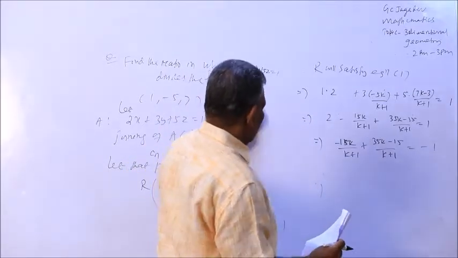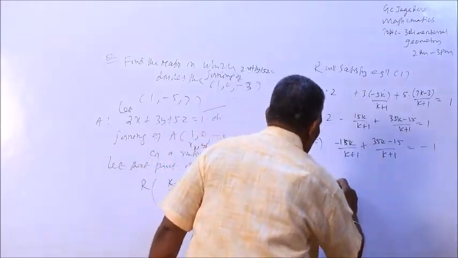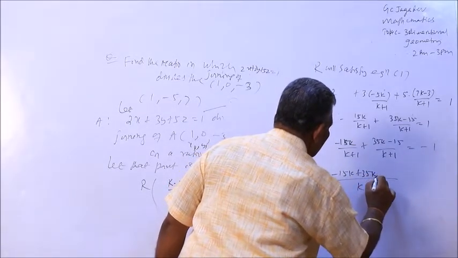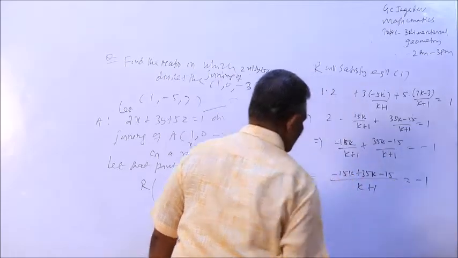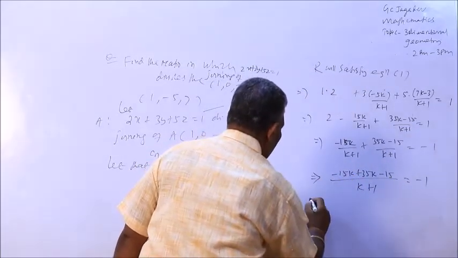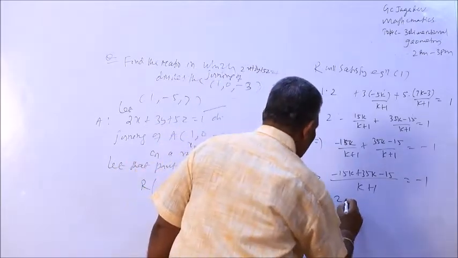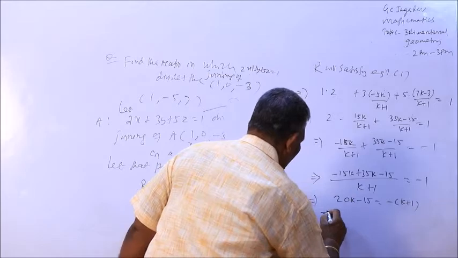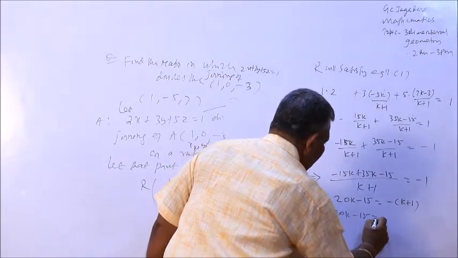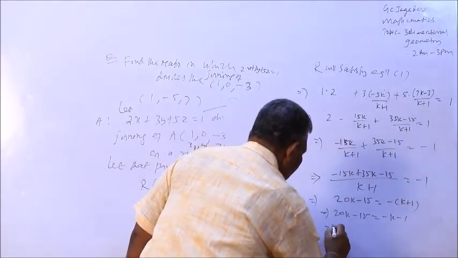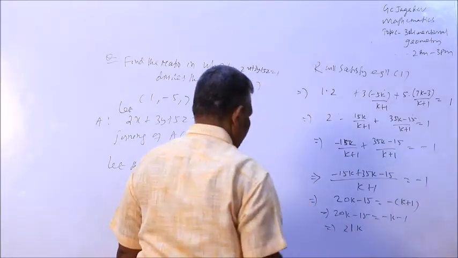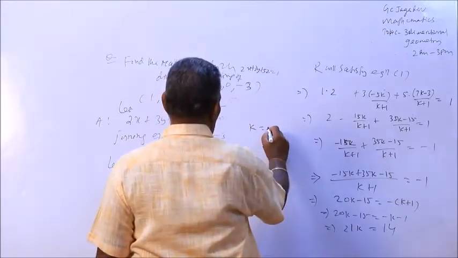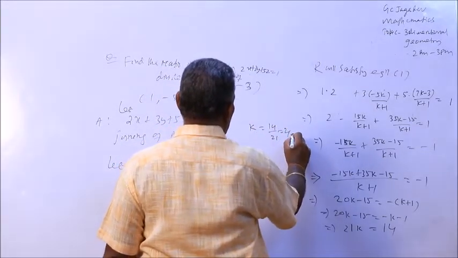So here this LCM is k plus 1: minus 15k plus 35k minus 15 equals minus 1. That implies 20k minus 15 equal to minus of k plus 1, or 20k minus 15 equal to minus k minus 1, or 21k equal to 14, or k equal to 14 by 21, that is 2 by 3.